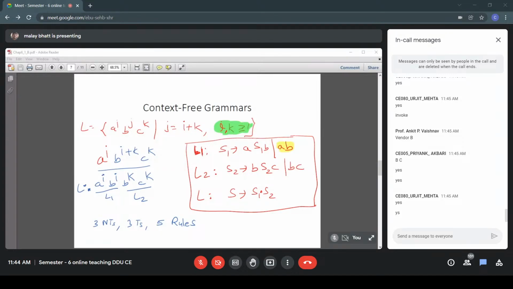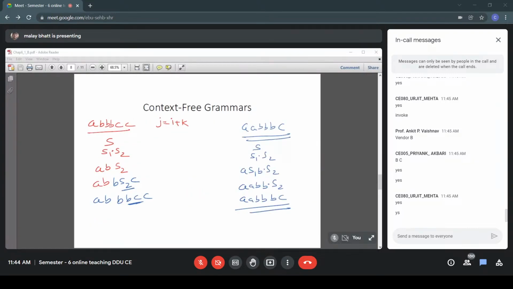So now let me change the condition slightly, and instead of I plus k equal to j, let me add a different condition in the same example, and let us write I equal to j plus k, where j and k are greater than or equal to 1. Let's modify the condition only.